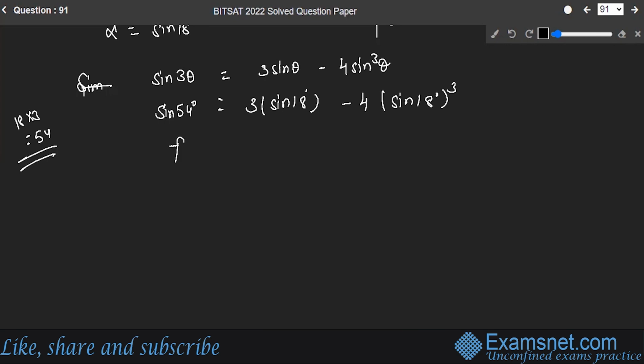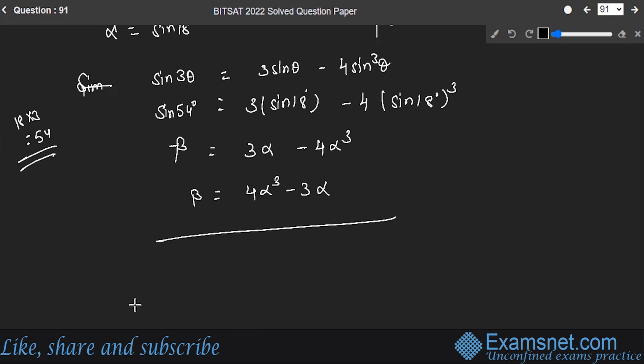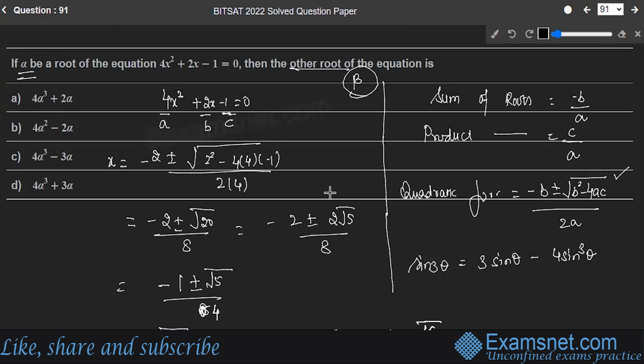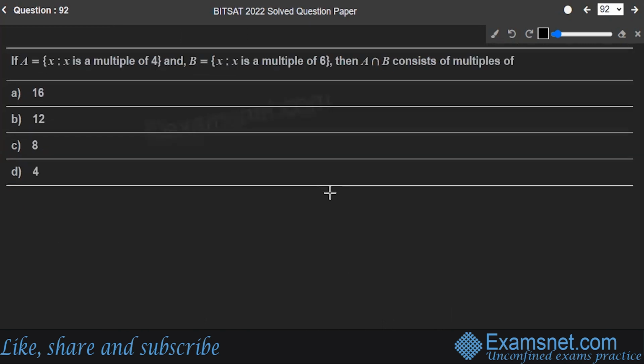This was equal to minus beta, and this is 3 alpha minus 4 alpha cube, or you have beta as 4 alpha cube minus 3 alpha. This is the value for beta, and checking with the options, 4 alpha cube minus 3 alpha, option C is the right answer. Hope you understood this. Next is question number 92.